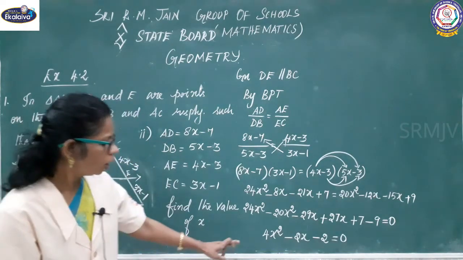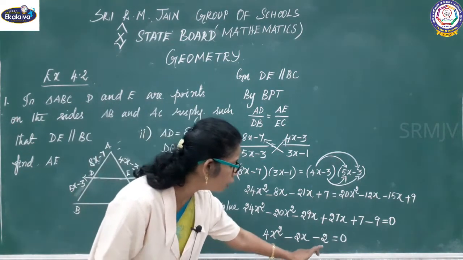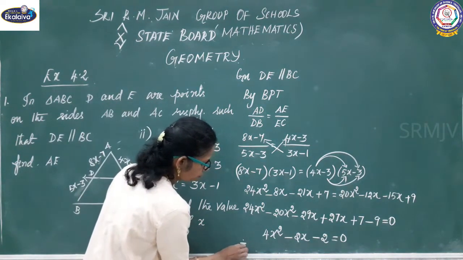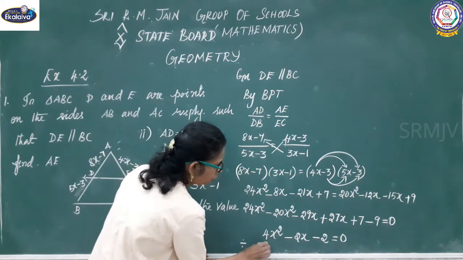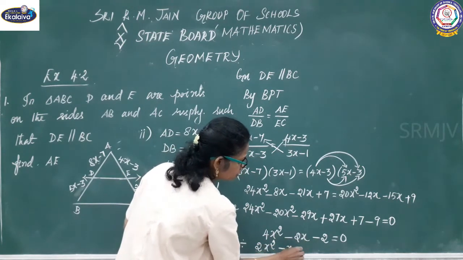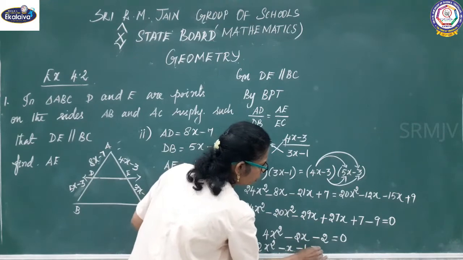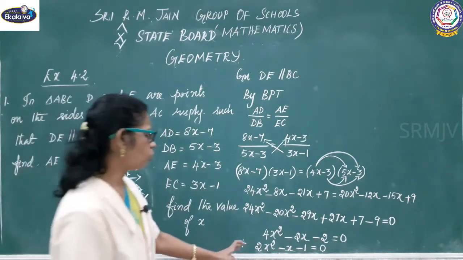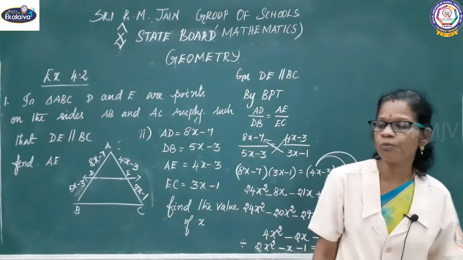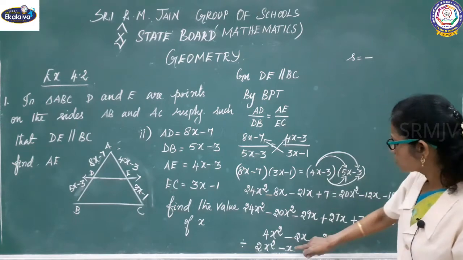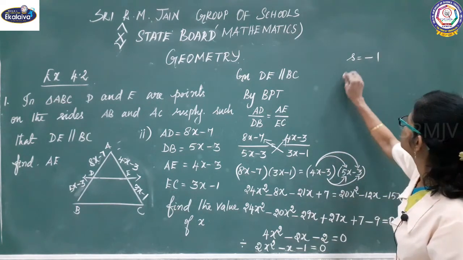Now you see everything is a multiple of 2, so you can divide by 2. What is your result? 2x square minus x minus 1 equal to 0. Now we are going to apply sum product. Sum equal to minus 1, coefficient of x.